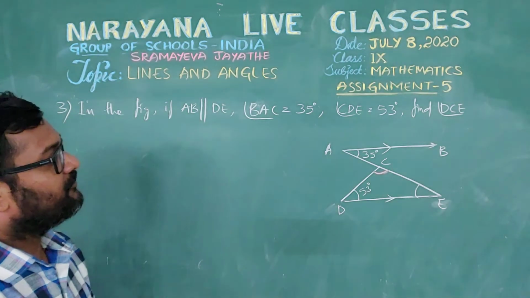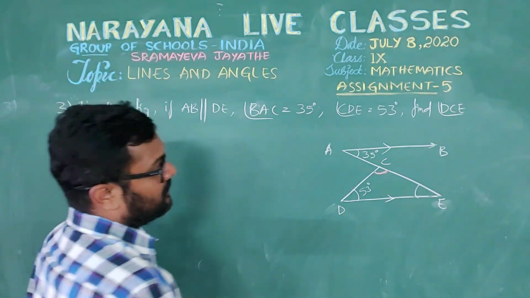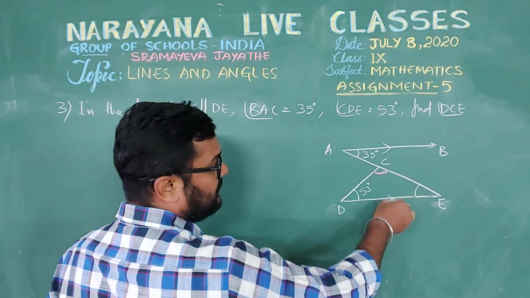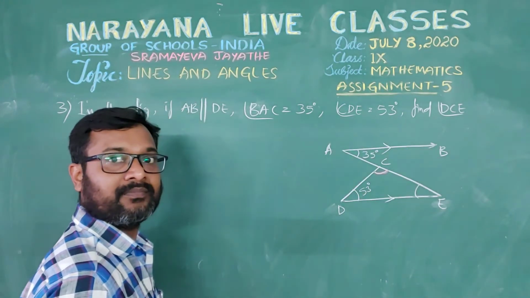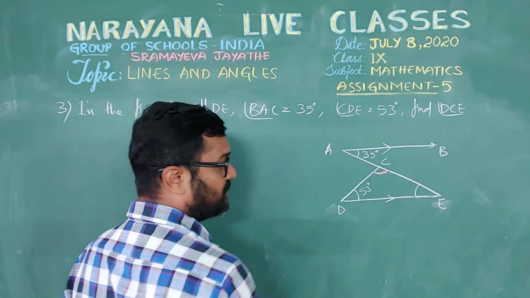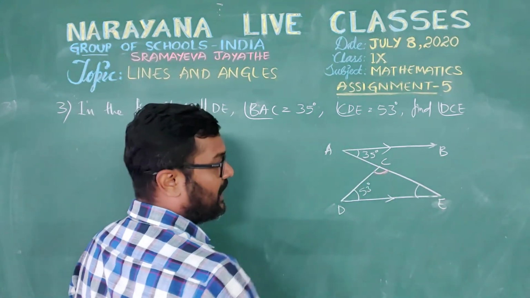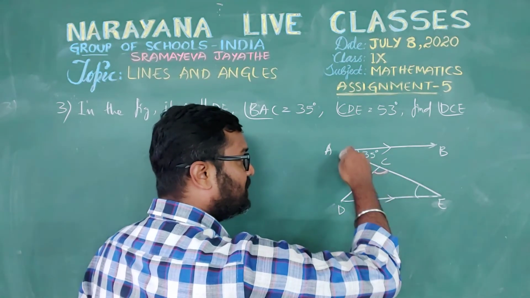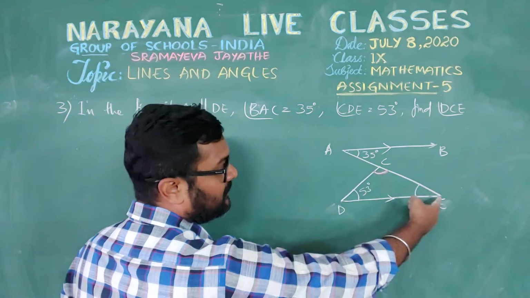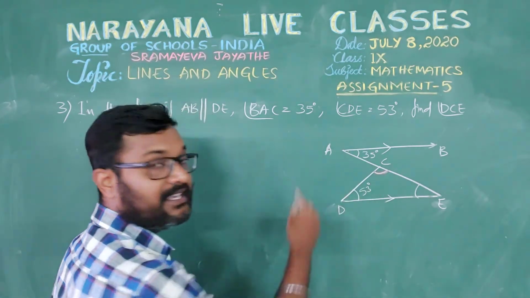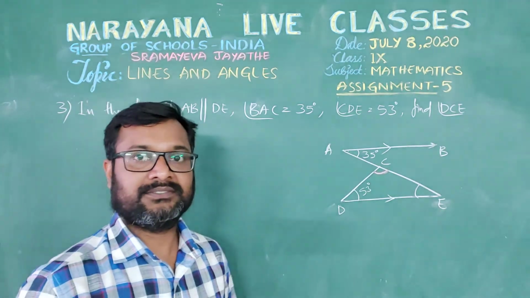Here, if you observe this figure, these two arrows indicate that these two lines are parallel to each other. If you observe this line EA or AE intersecting these two parallel lines at two distinct points, then this line AE is a transversal for these two parallel lines.